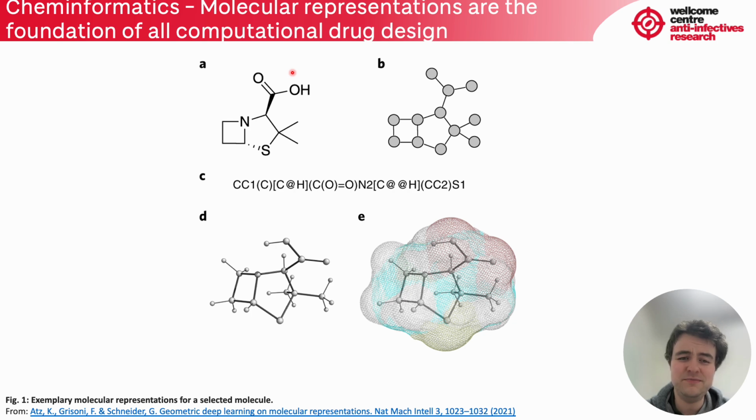So instead, often what we will do is we will prefer to represent a molecule as what we call a chemical graph. So a chemical graph is where we take each atom and transform it into a node, and we take each bond and transform it into an edge. And what this chemical graph allows us to do is that this is a mathematical object which we can then begin to transform.